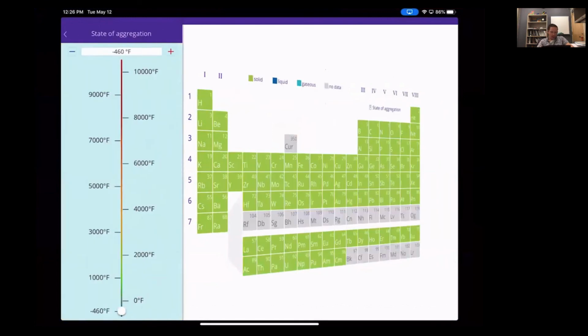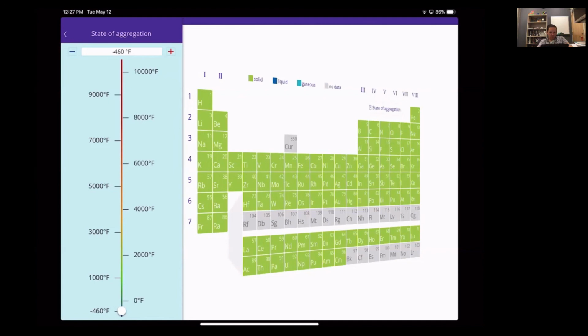We're at really low temperature, so I'm dialing up on the left over there. You can see green is solid, blue is liquid, light blue is gas, and gray is no data. We don't know what state of matter a lot of these radioactive materials are.